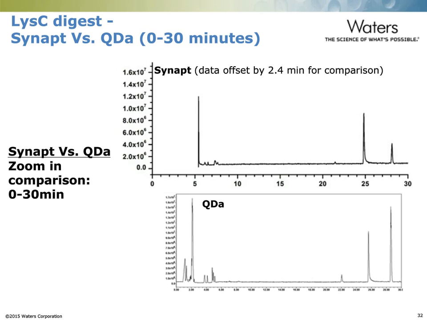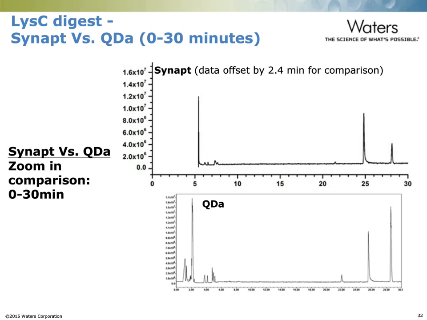To expand on that, we took the same samples and did an analysis to ensure that we weren't missing any components. So we did in our own lab an analysis on our Synapt platform and then compared that to our QDA. And the point here is not to say that the QDA can replace the Synapt instrument. Obviously, a Synapt, or a higher-end MS instrument, is required to characterize the molecule of interest.